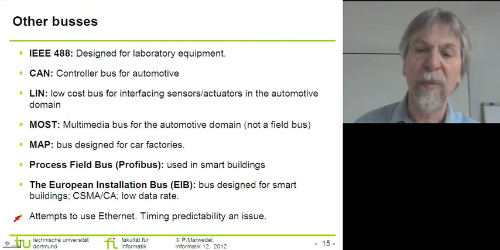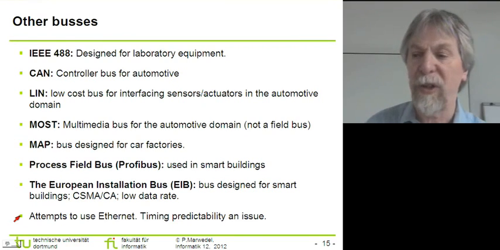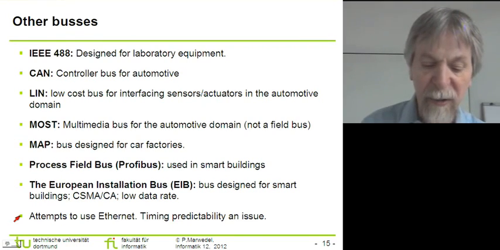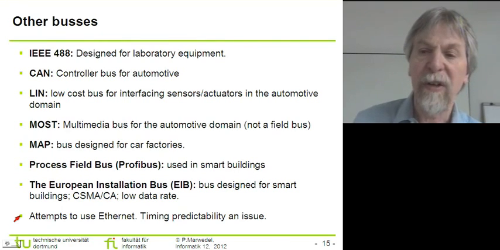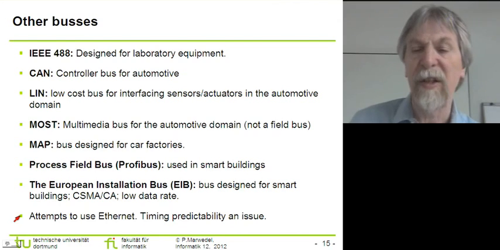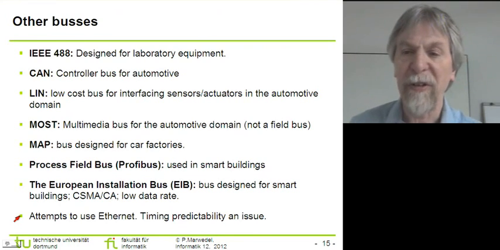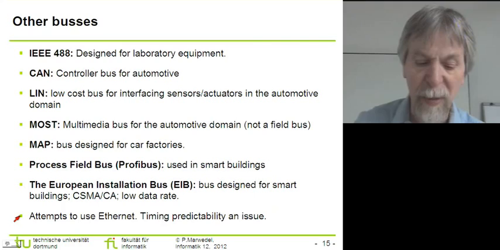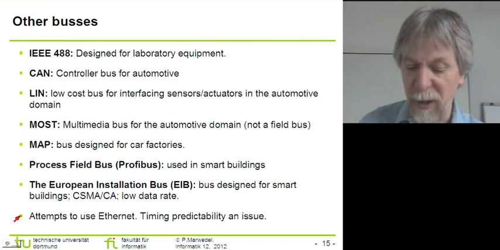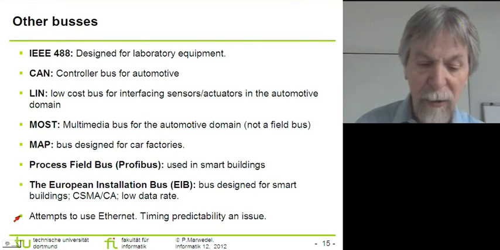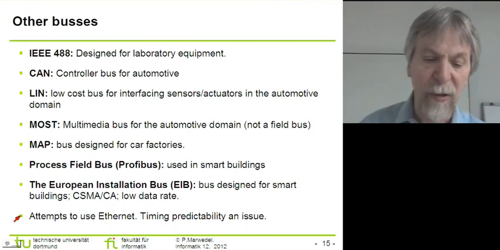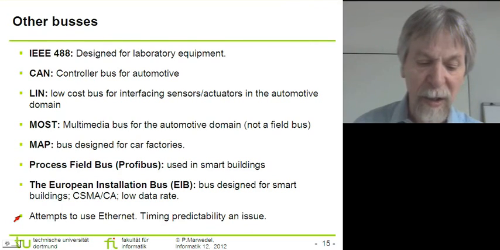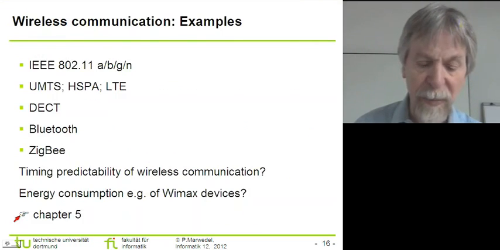But when people try to apply Ethernet for these cases, there is frequently the problem that timing predictability is not guaranteed by all variants of Ethernet, and also the physical robustness of the connectors, for example, is not sufficient for many of the rough environments. So therefore, things are changing there all the time, and we see a huge number of bus standards to provide the necessary means of communication.